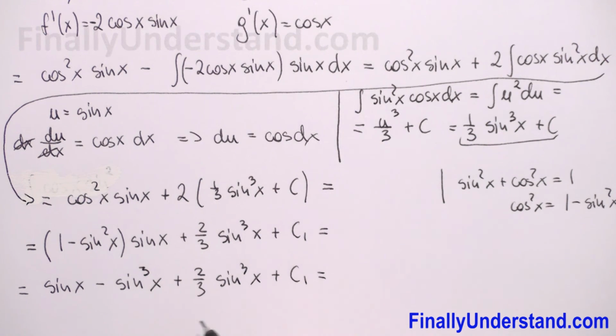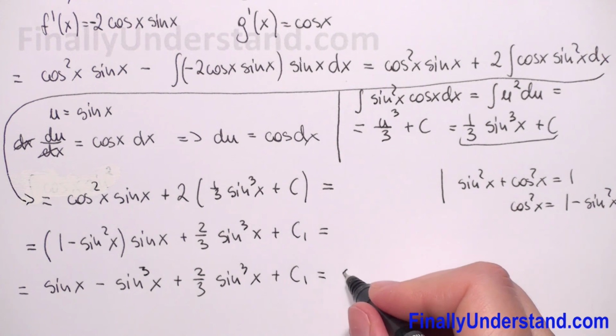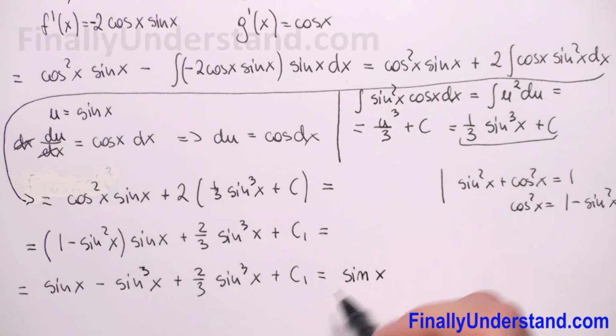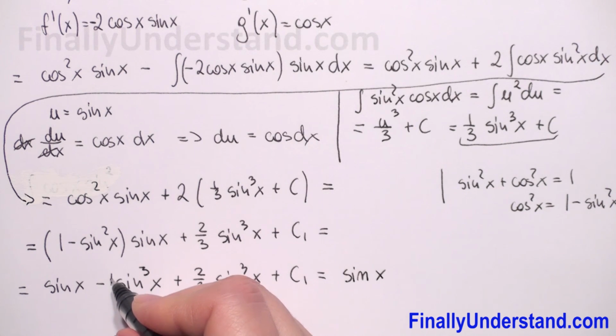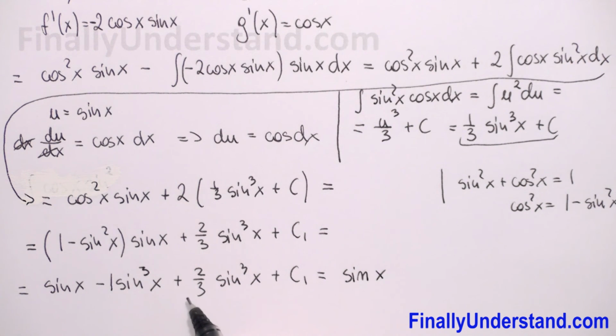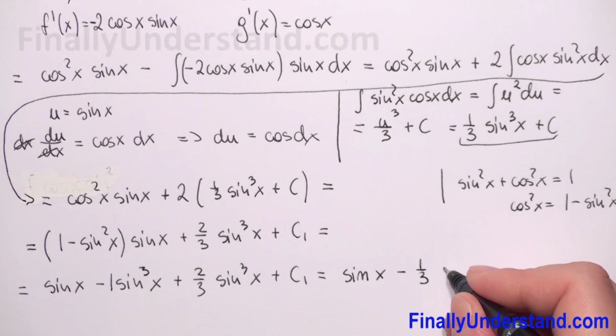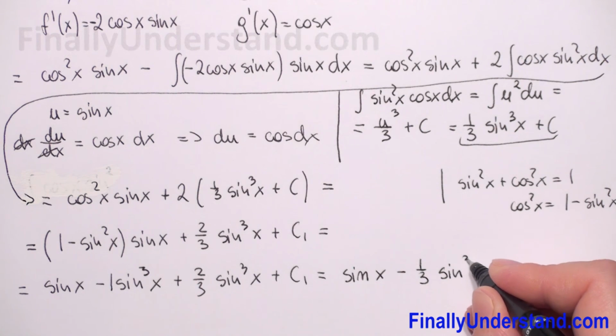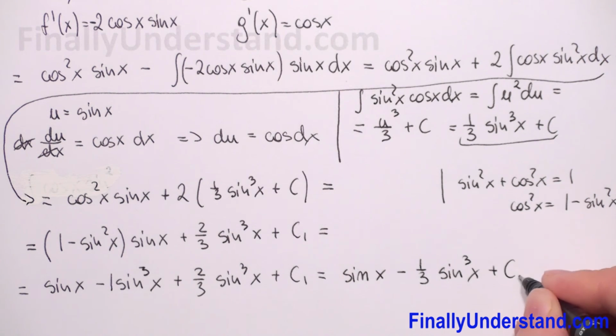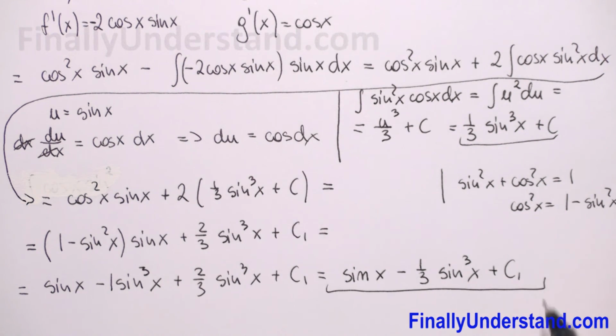Sine of x we need to copy, and we have negative 1 sine cube of x plus 2/3, so it will be negative 1/3 sine cube of x plus constant c1. This is my solution.